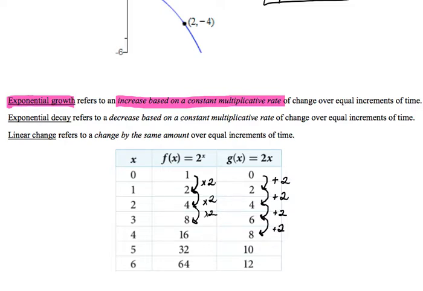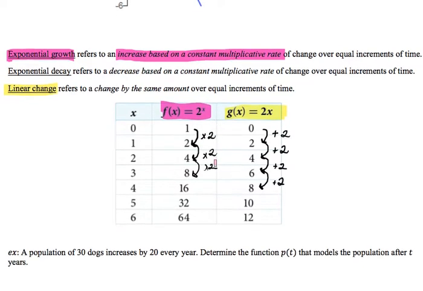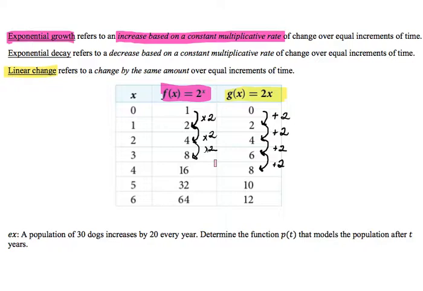So that is a linear change right there. Okay. Exponential decay occurs when you have a decrease based on a constant multiplicative rate. So basically maybe you're dividing by 2 each time, or dividing by 3 each time or something. It's just you're decreasing, but at a multiplicative rate.